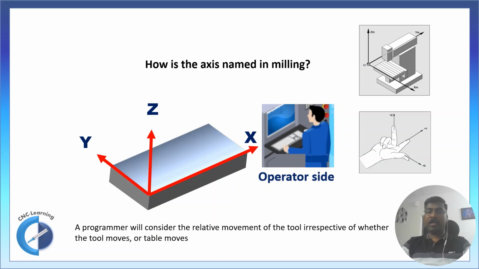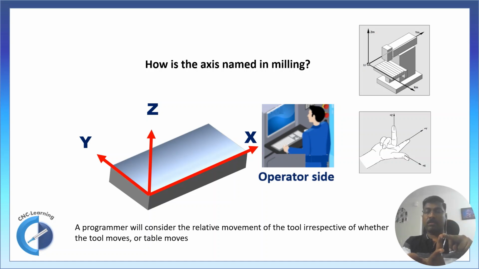And it is also explained by the right hand rule, which says if you keep your 3 fingers, thumb, forefinger and middle finger, in a way that the thumb points to the X axis and the forefinger points to the Y axis, then the middle finger will point to the Z axis.